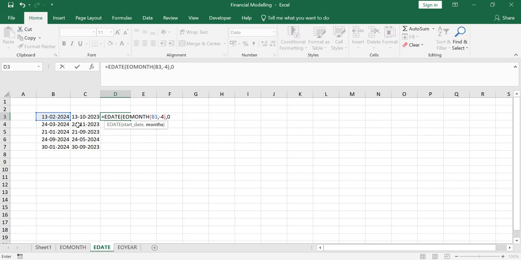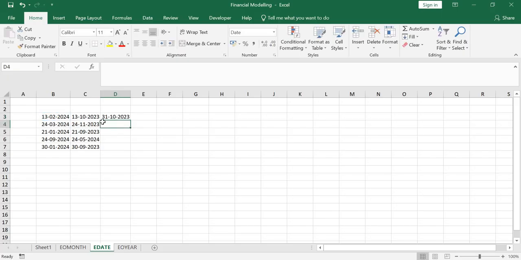0 means I want the current month end of the month date. Current month at that time will be my October and 0 means I want last day of the October, and then press enter. Now you can see that I got the date which is the last day of the month of October, and October month is 4 months previous to February.